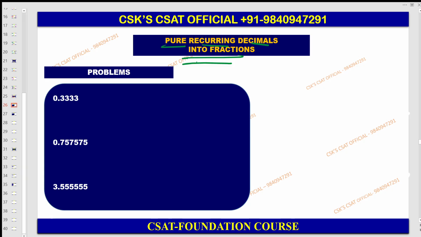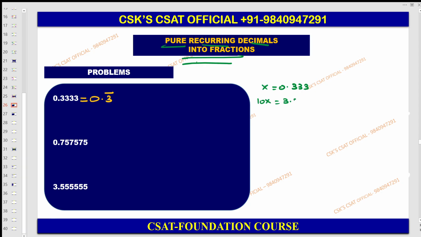Purely recurring means after the decimal, every place is recurring by the same digit. So this is nothing but 0.3 bar. What is the procedure? Yesterday I taught you the procedure. Take this as x equals 0.333, and so on. If one digit is recurring, then you multiply with 10.